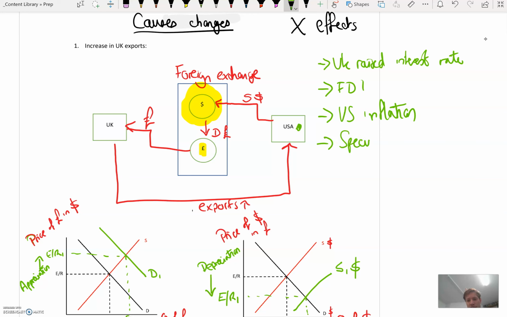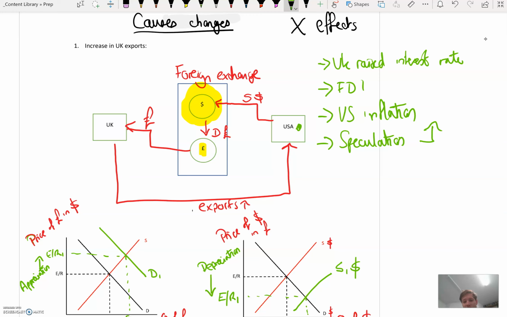Finally, speculation is generally driven off all of the above. If you expect any of the above to occur, a change in exports, a change in interest rates, a change in FDI, a change in inflation, speculators will try to trade the dollar first before these things have taken effect.